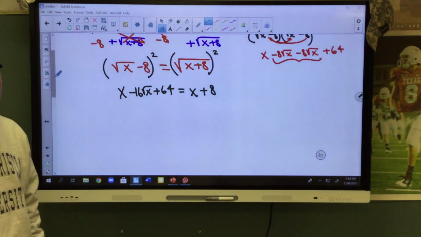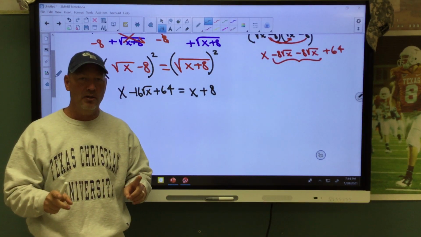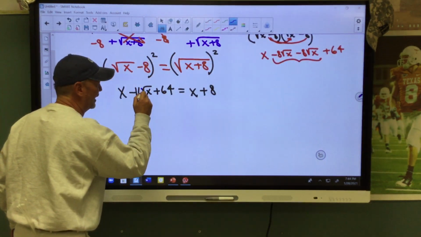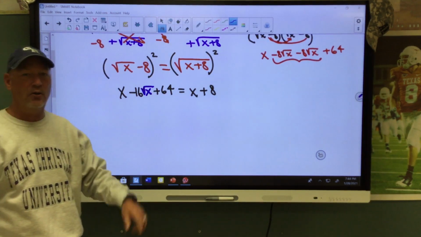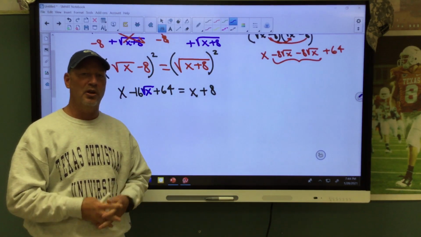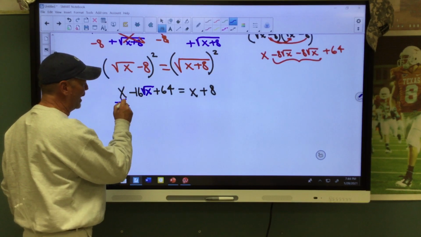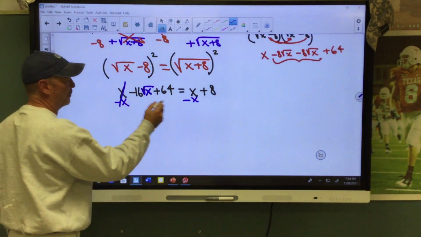Okay? So now we have to move things. We want to try to combine things, but my goal is to get this radical by itself so I can solve. So how do we do this? We start moving things. If I try to move the x's, look what happens: they're going to cancel.